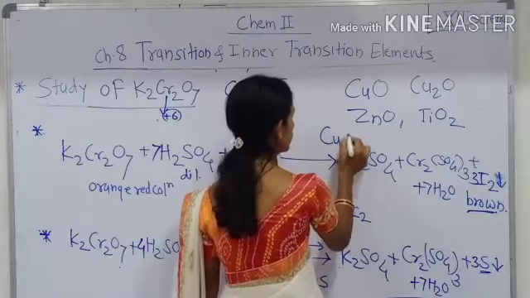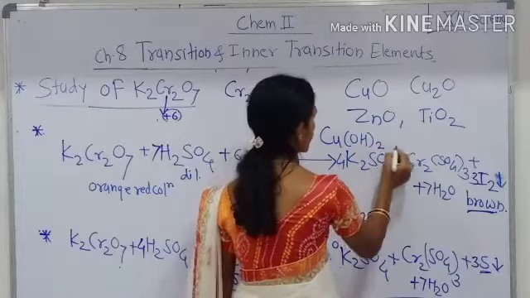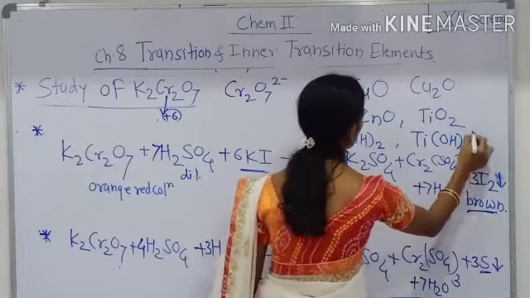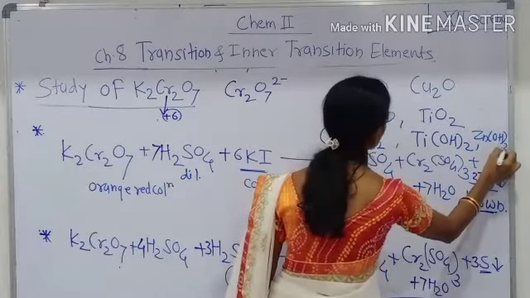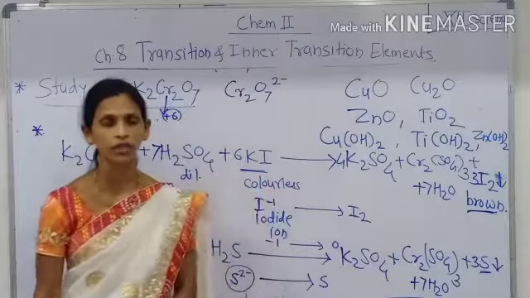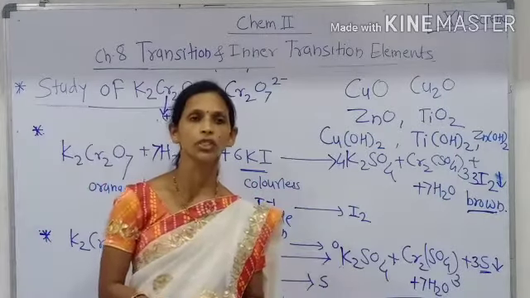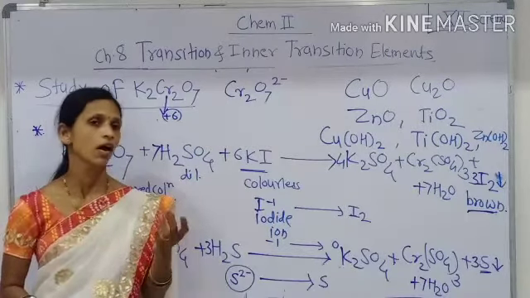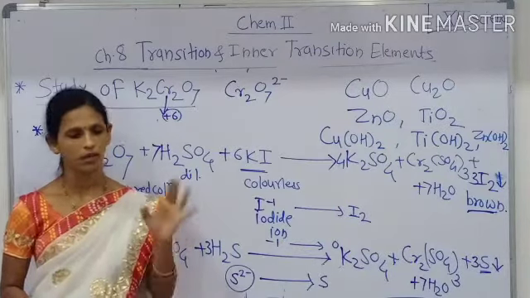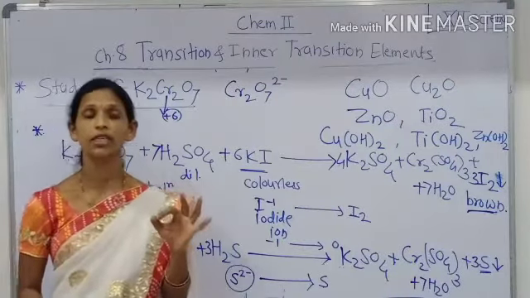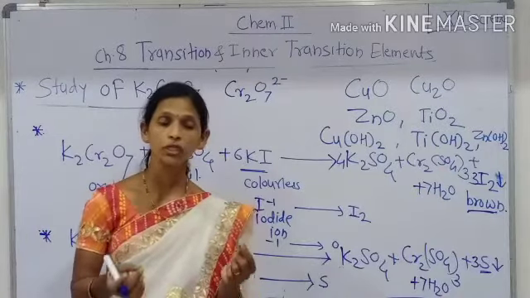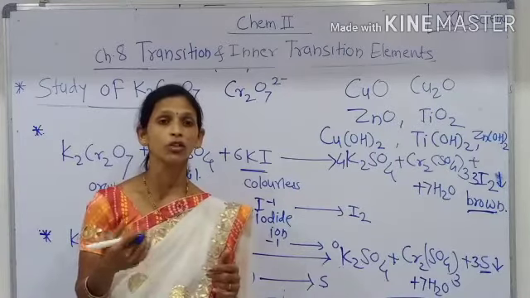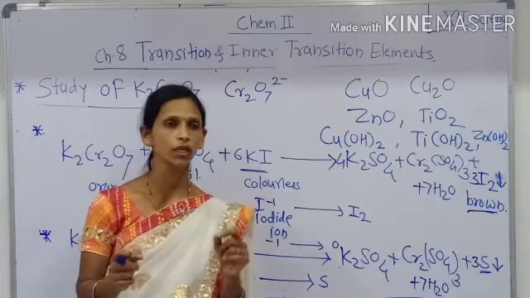For example, Cu(OH)2, Ti(OH)2, and Zn(OH)2 are examples of hydroxides of these transition elements which are insoluble in water. And here is one more property: iron, cobalt, copper, molybdenum and zinc have biological character because these elements are present in living organisms and have biological importance.